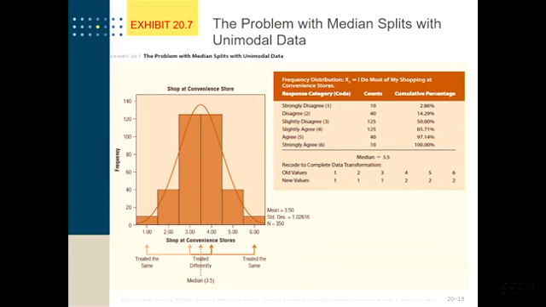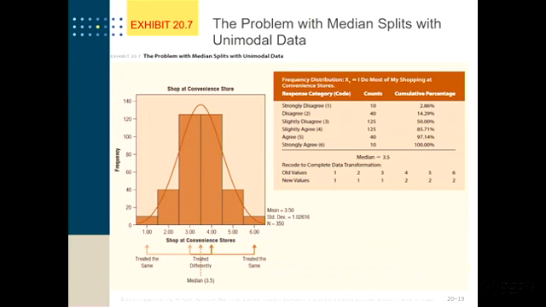So these two answers are very close to one another. But if we go for a median split, slightly disagree goes in a different category and slightly agree comes in a different category. So very close answers are getting into different categories. That's why this normal median split will not be very good in this case.